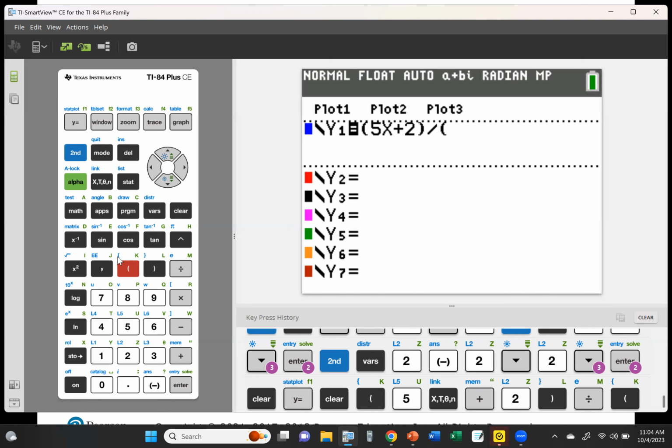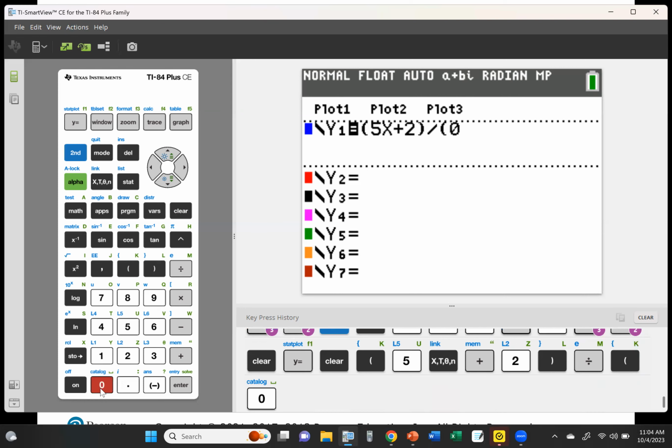So it was 0, less than or equal to x. So we're going to type in 0. And then we need the less than or equal to symbol. And I get that. Do you see right here above the math menu? It says test.